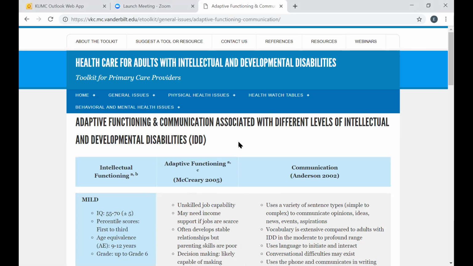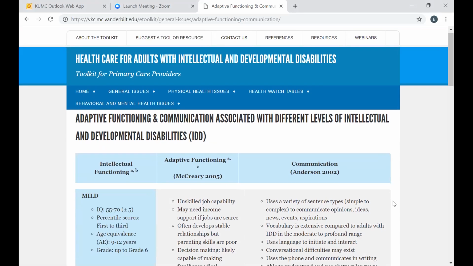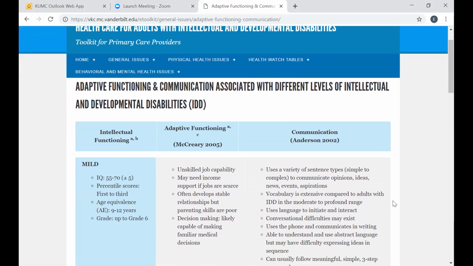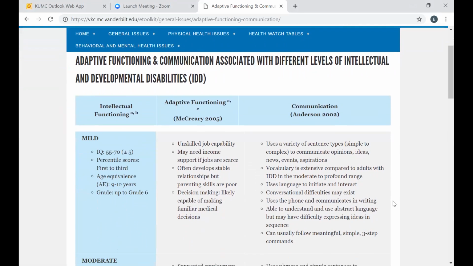Okay, so I thought this was an interesting adaptive functioning communication associated with different levels of intellectual and developmental disabilities, IDD. So what this does is if you have a patient coming in or an individual and you know that there is concern for developmental delay or disability, while the IQ may not be the perfect thing, it's a way to identify their intellectual functioning and then compare to what their adaptive functioning might be.